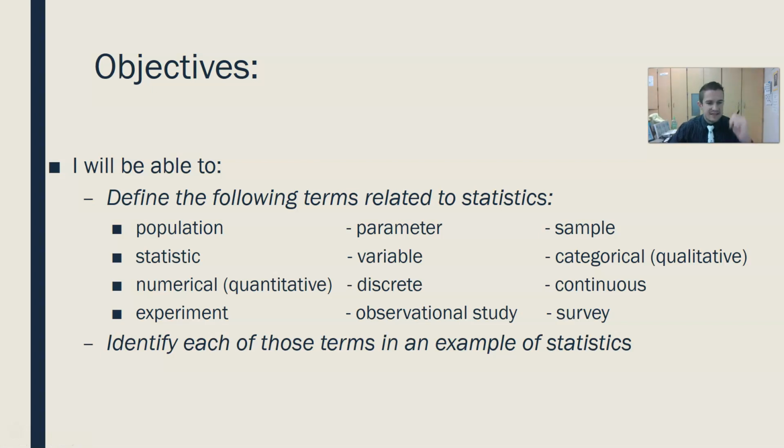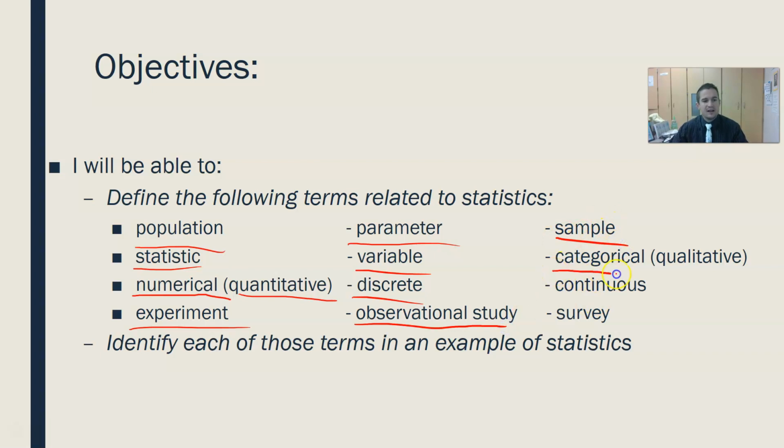By the end of this lesson, this is what I want you to be able to do. I want you to be able to define the following terms related to statistics: population, statistic, numerical or quantitative, experiment, parameter, variable, discrete, observational study, sample, categorical or qualitative, continuous, and survey. I probably read those in the reverse order.